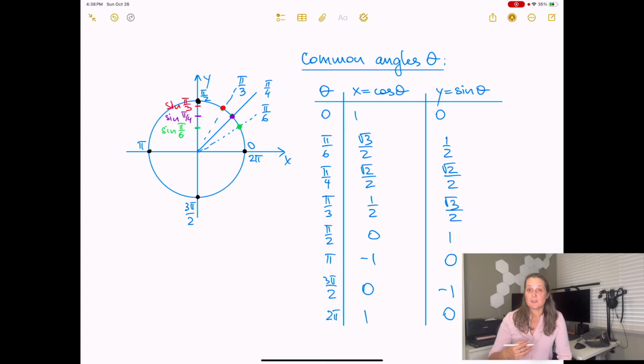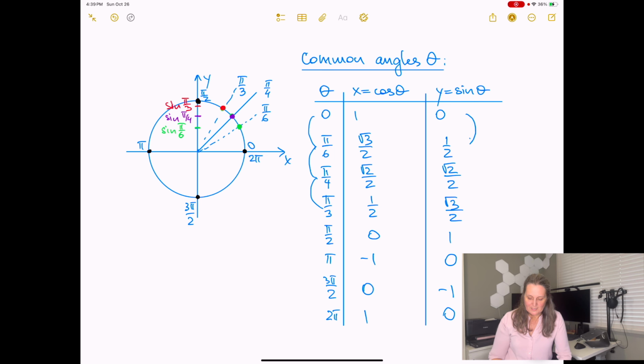Notice how the values of sine of theta are increasing as theta is changing from 0 to pi over 6 to pi over 4 to pi over 3. Well, at 0, the sine of theta is equal to 0, so this is easy to remember.